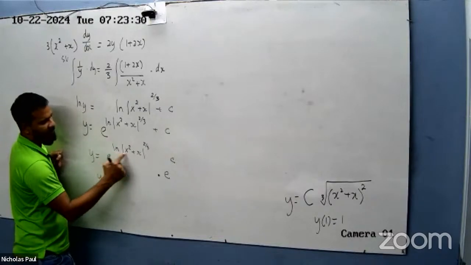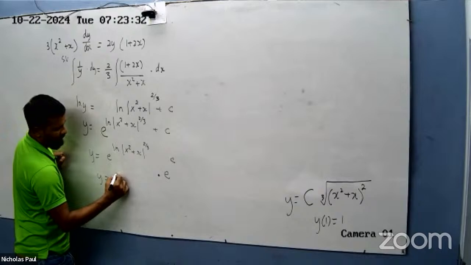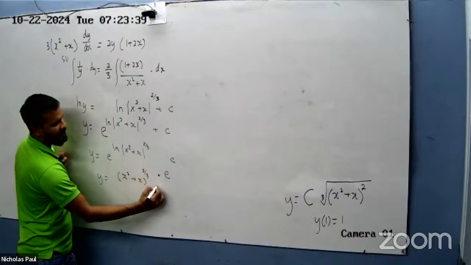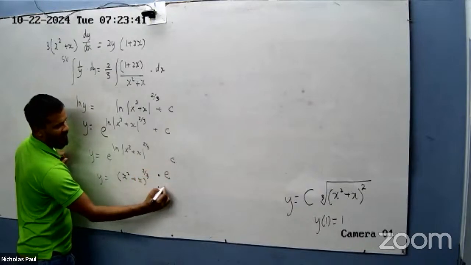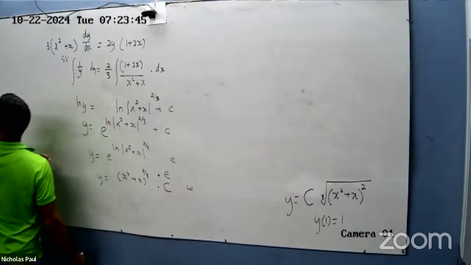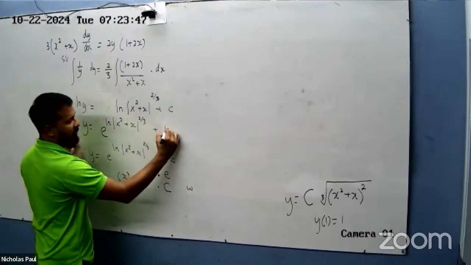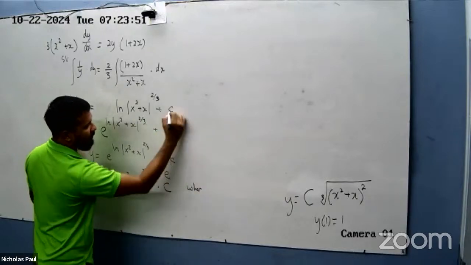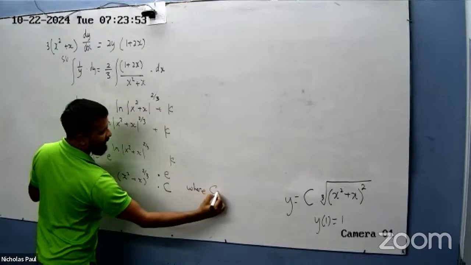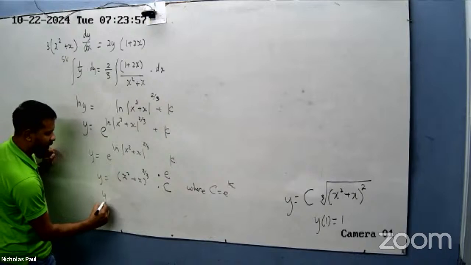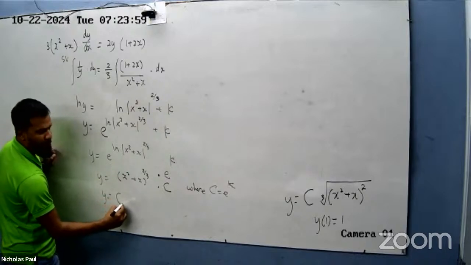So e of ln of this is this, right? I shouldn't say cancel, but you know what I mean, right? x squared plus x to the 2/3. E of c, let's call that a big constant C, right? What letter do they use? C. So I shall use k then, right? Where big C is e to the power of k. Nice. So y is equal to big C.